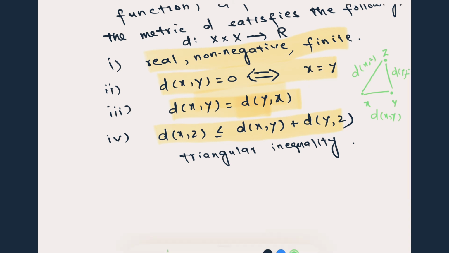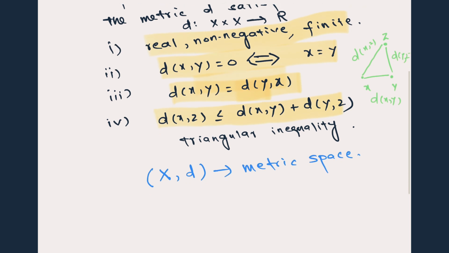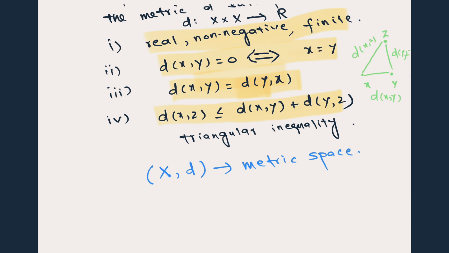So, now if we have some set X and we have some metric defined on this, then this pair will form a metric space. We must remember that there can be many metric spaces on the same set.